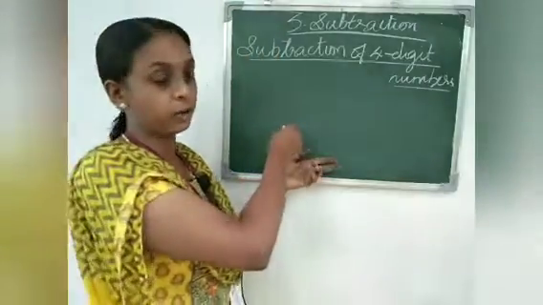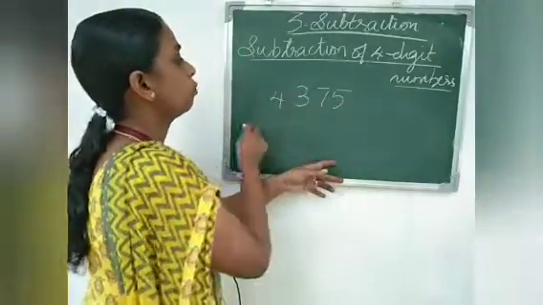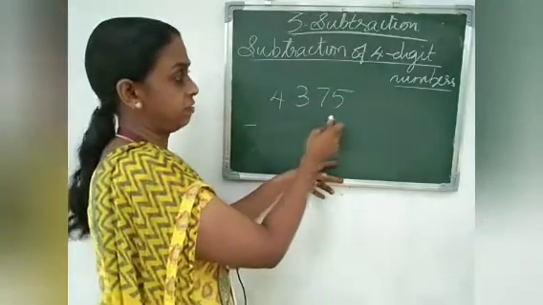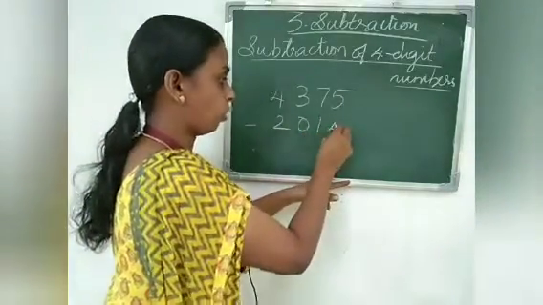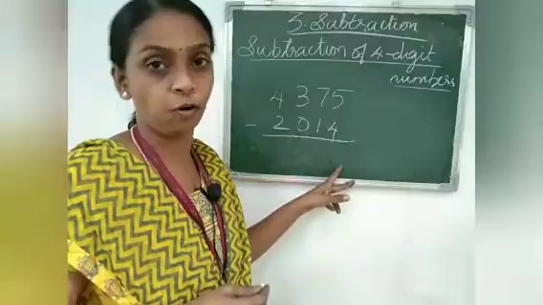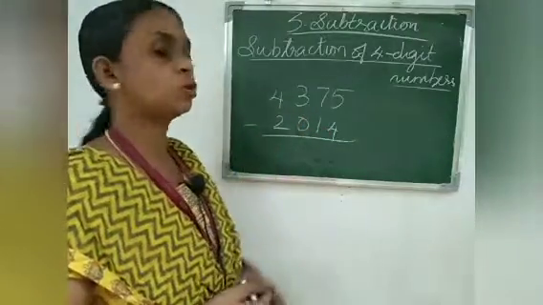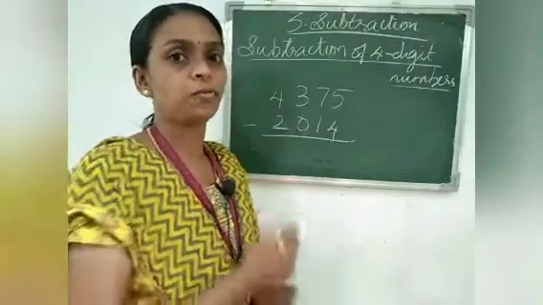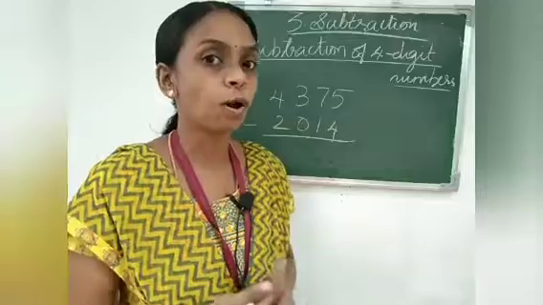So I will write here one question. 4375 minus 2014. For a 4-digit number, how many places are there? 4 places.